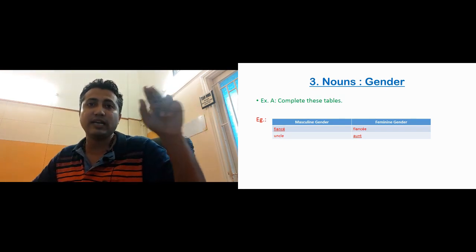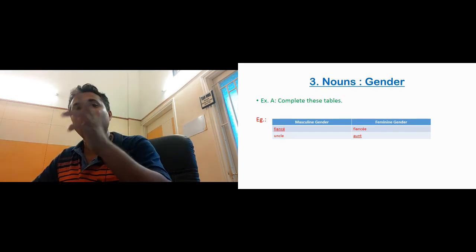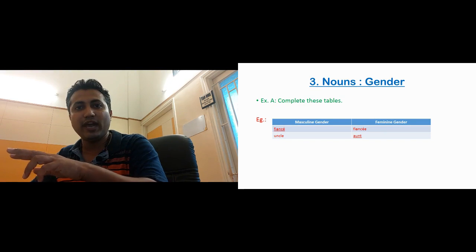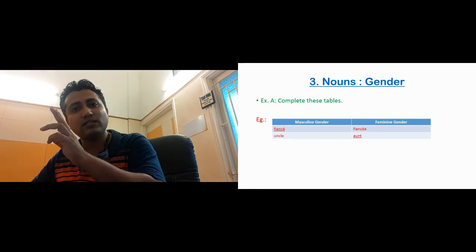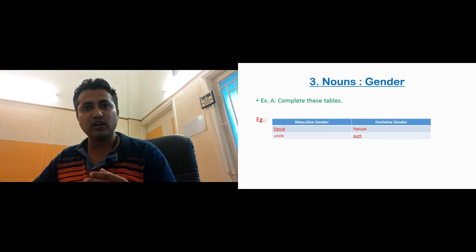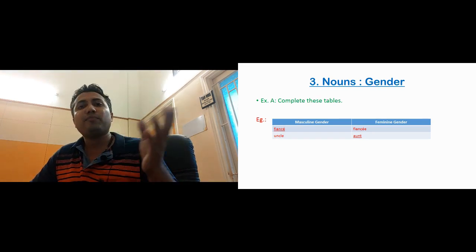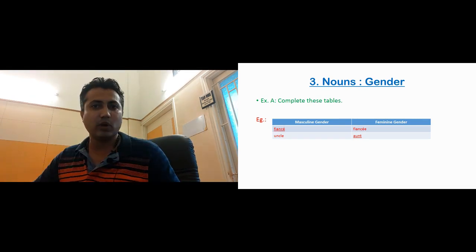The masculine gender given is uncle and the feminine gender of that is aunt. In the same way, students, you have to solve the rest of the table, and if masculine is given, write the feminine of that, and if feminine is given, write the masculine of that.